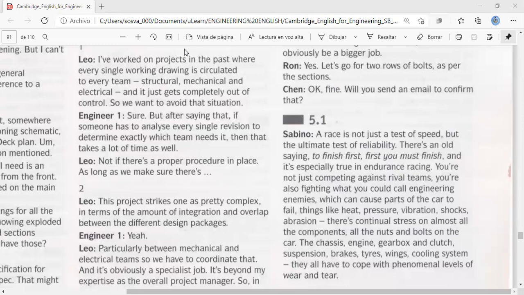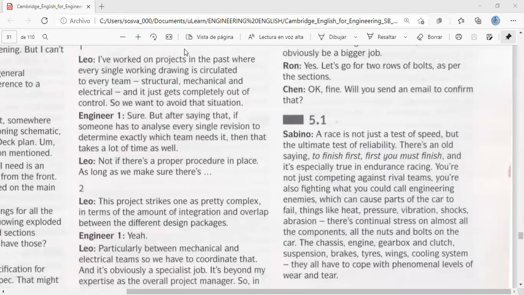You are not just competing against rival teams, you are also fighting what you could call engineering enemies, which can cause parts of the car to fail.